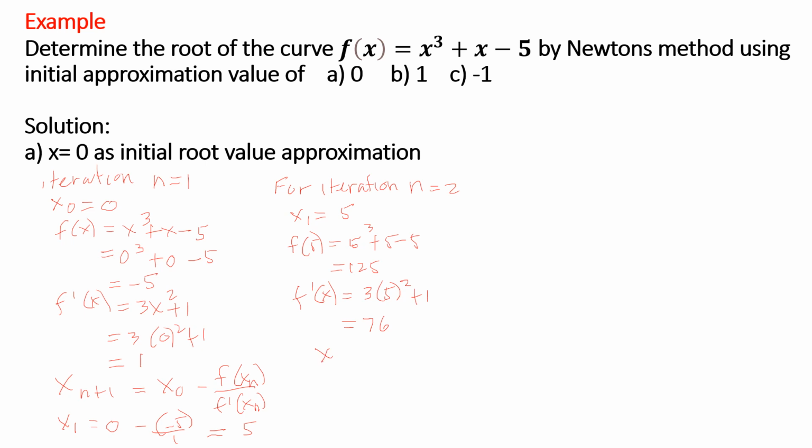So x sub n plus 1 equals 5 minus 125 over 76, which equals 3.35523. This is x sub 2.